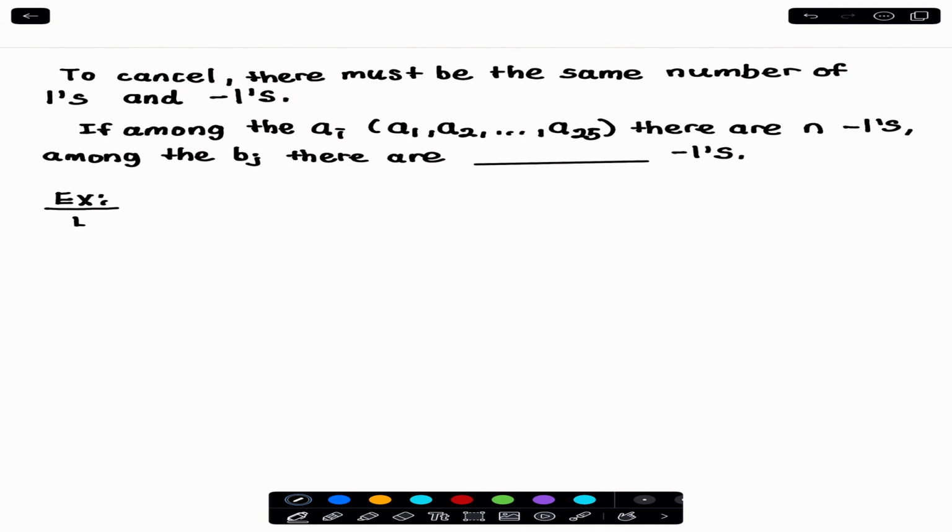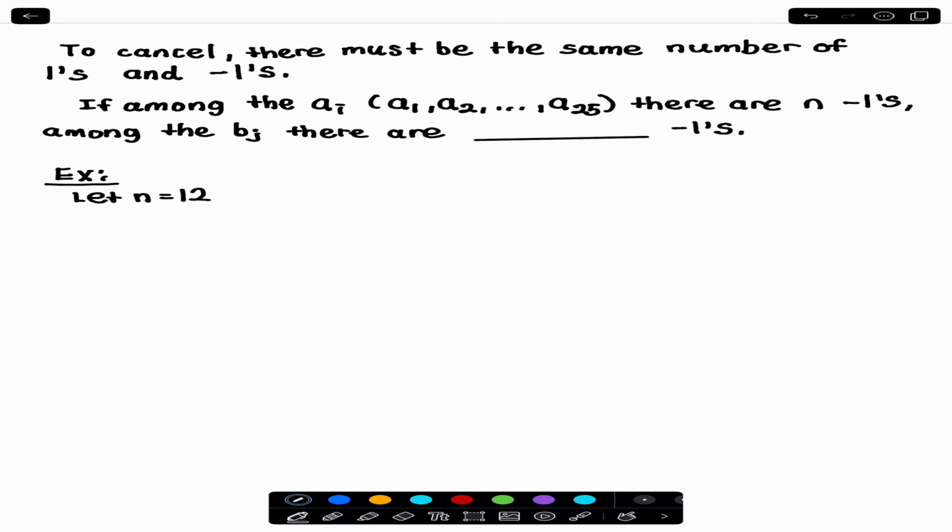Let's just say we have n equal to 12. That is, 12 of the Ai are negative ones.